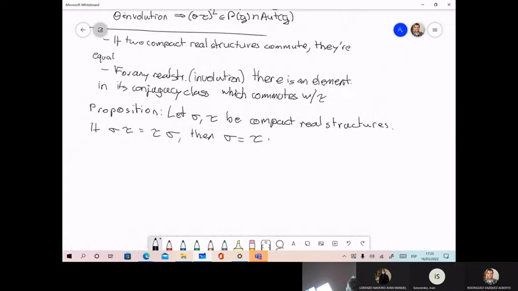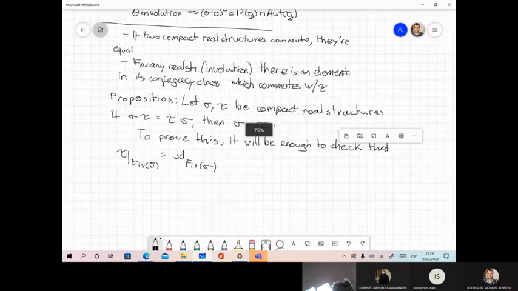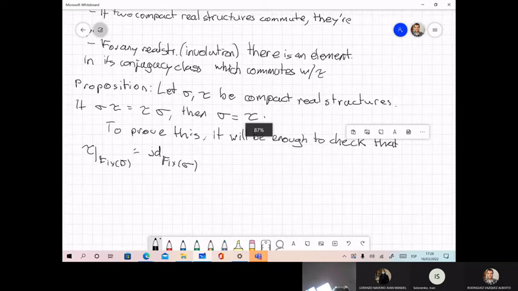So to prove this, it will be enough to check that when restricted to the fixed points of sigma, tau is just the identity, right?